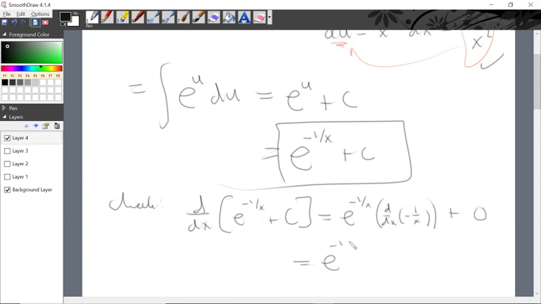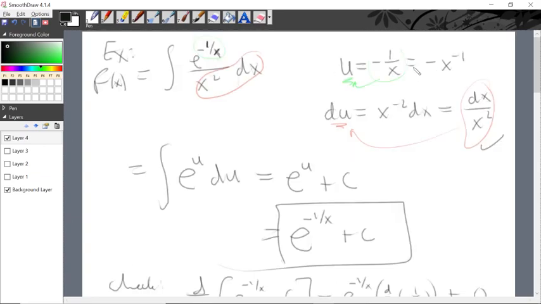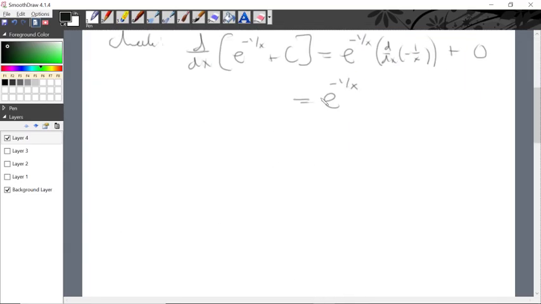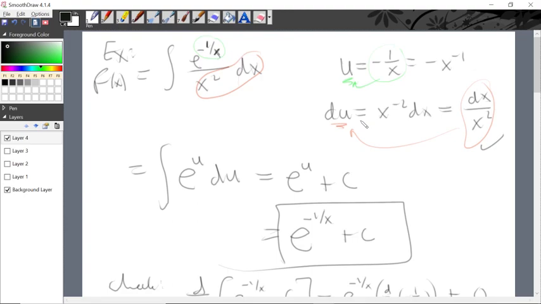So we get e to the negative 1 over x. The derivative of negative 1 over x, we did that up here, right? The derivative of negative 1 over x is 1 over x squared. So e to the negative 1 over x times positive 1 over x squared. In other words, e to the negative 1 over x, over x squared. And that's what we started with. So that seemed to work.